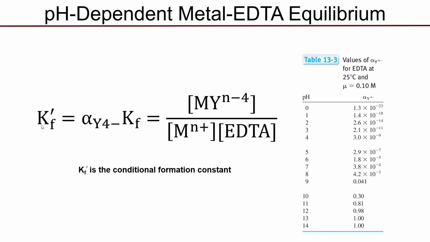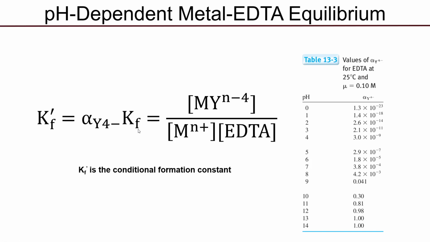K'f is an adjusted equilibrium constant value which takes into account how much of the formal EDTA concentration, so how much of the total concentration of all the species of EDTA, is in the Y4- form. The conditional formation constant K'f is equal to the alpha value, the fractional composition of Y4- compared to all the other EDTA species, times the formation constant that you get from table 12.1 in Harris.